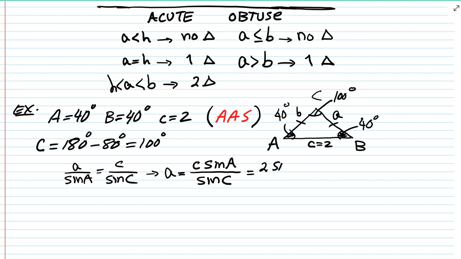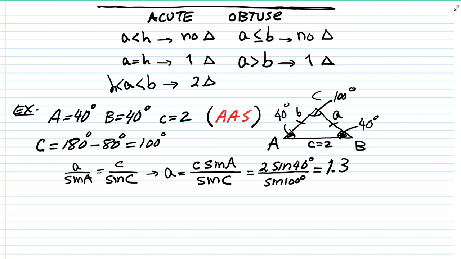C is 2, sine A is 40, and sine C, that would be sine of 100 degrees. If I did the calculations correctly, I get 1.3, the measure of the length.